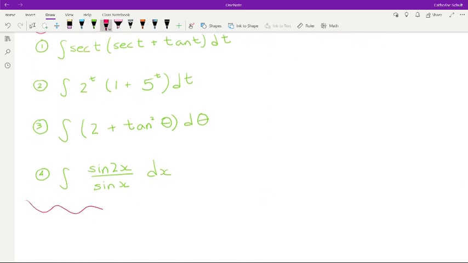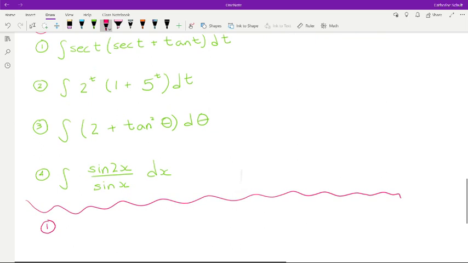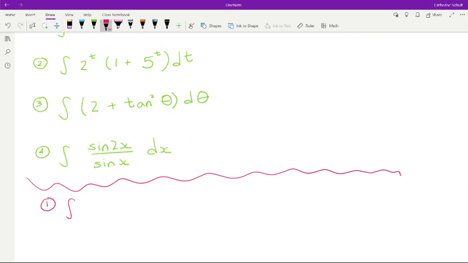All right. So let's look at number 1. I am going to distribute the secant of t. And then when we do that, things look a little bit more familiar, right?